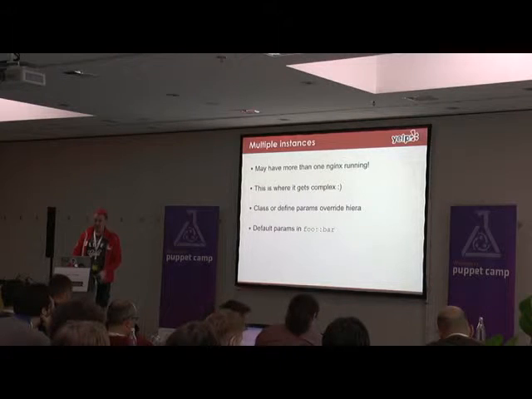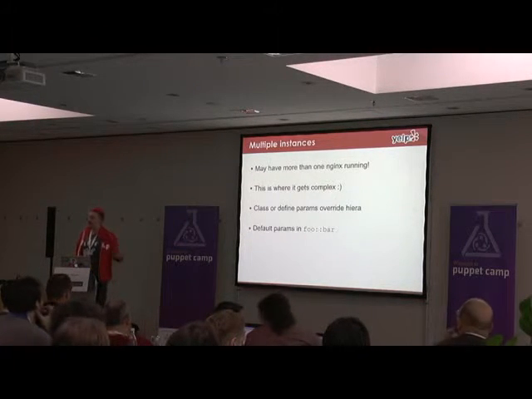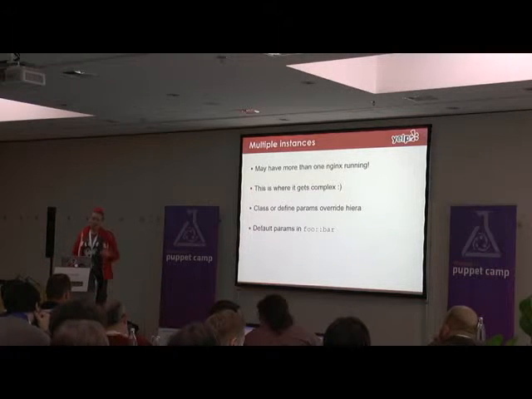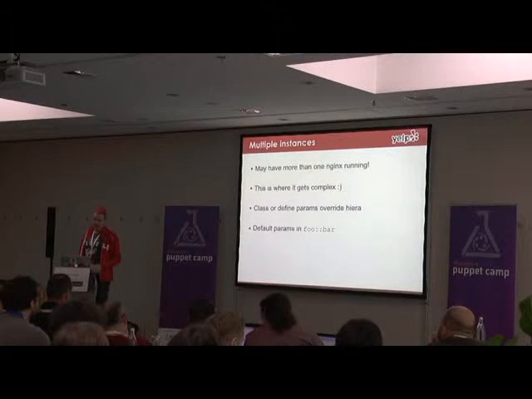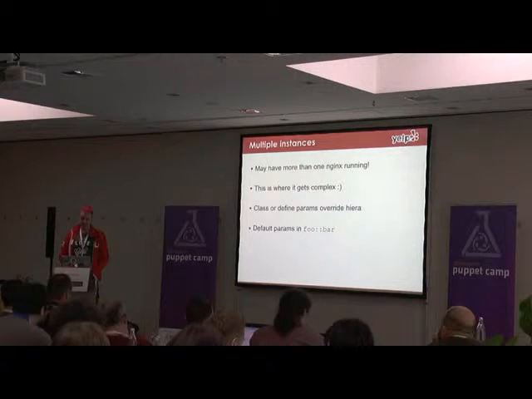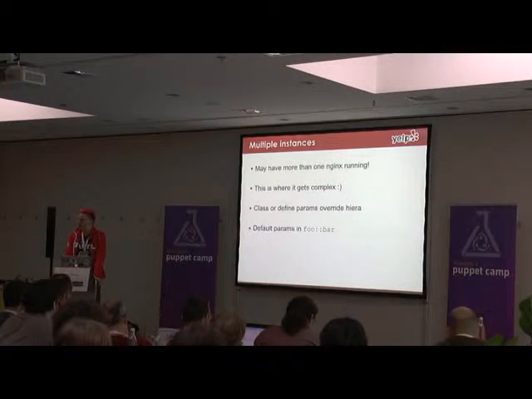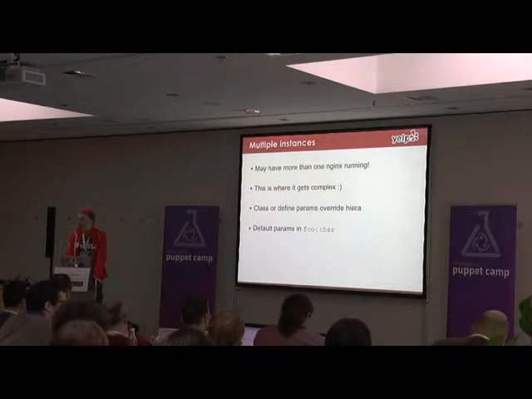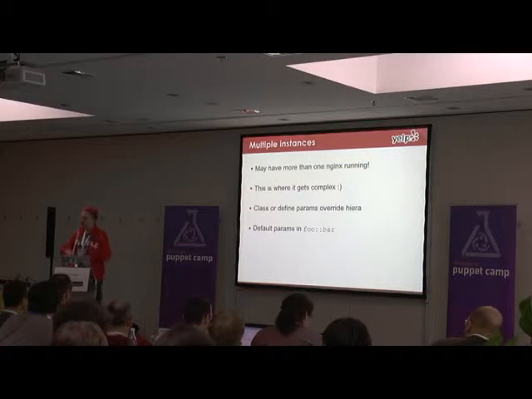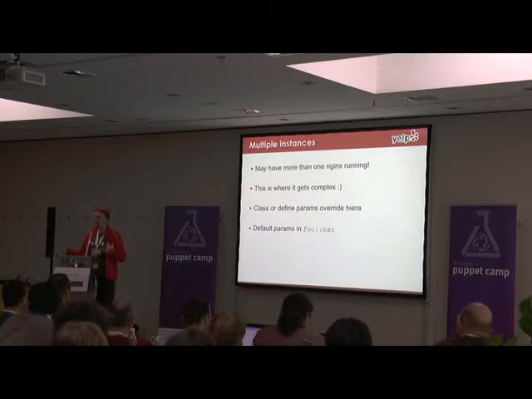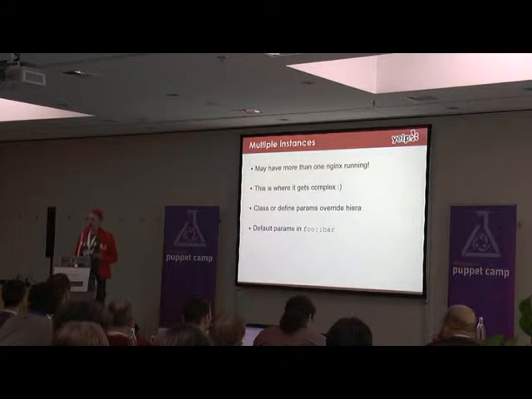And then if you have multiple instances for something, say you have Nginx A and Nginx B, or foo A and foo B, I would put default parameters just under the main namespace of the module, because one of the challenges when you have multiple instances of something is whether to override or how to override things between the two different instances, and also how to share things between the two different instances.